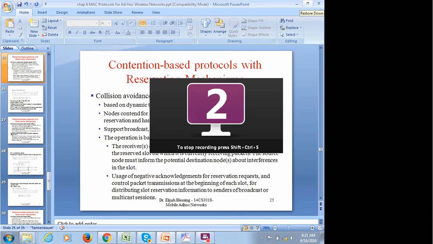I want to look at real-time and non-real-time applications in ad hoc networks, in such a way that you are able to maximize the multiplexing. What is multiplexing?